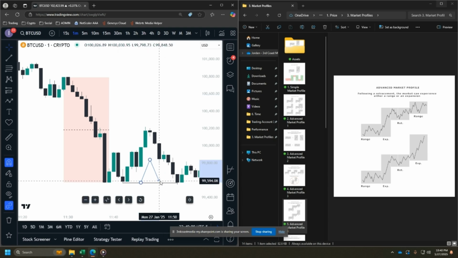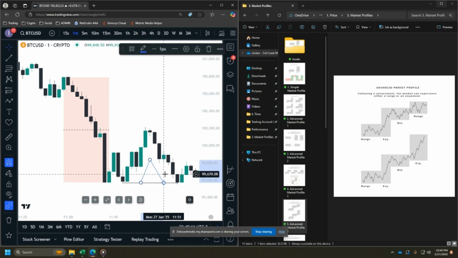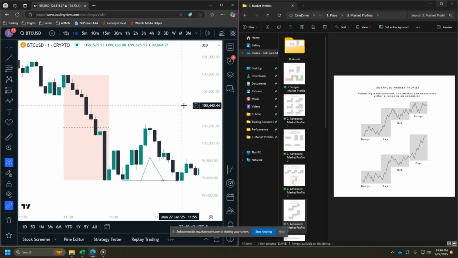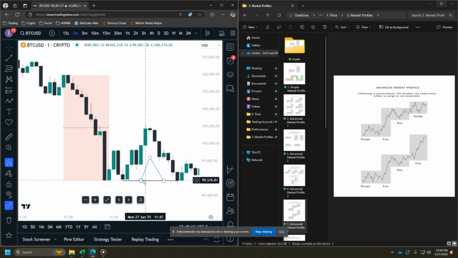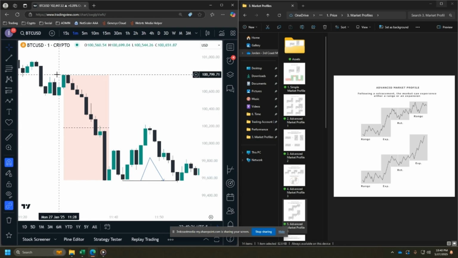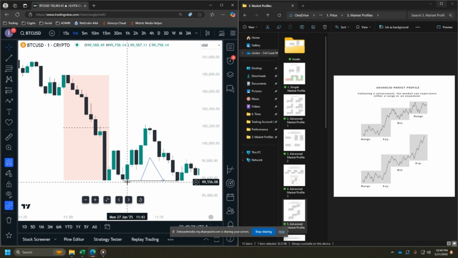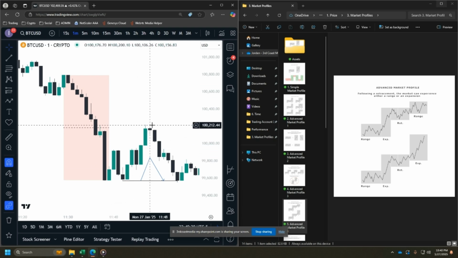It doesn't necessarily have to cross, but that's the retracement. When it comes to the point after the expansion, you see price move and then return to around that same point.